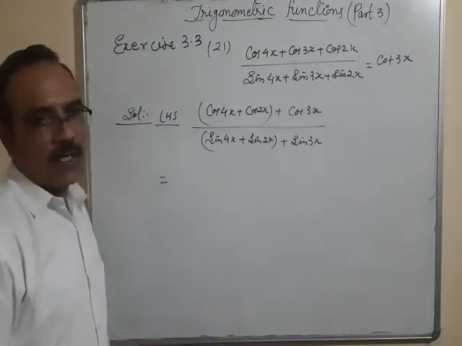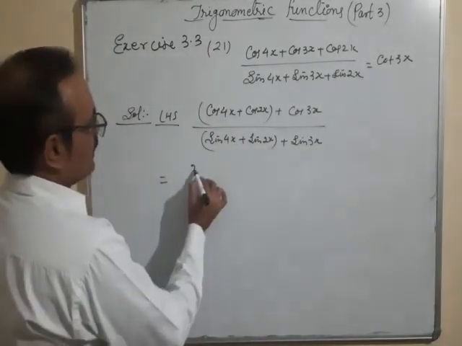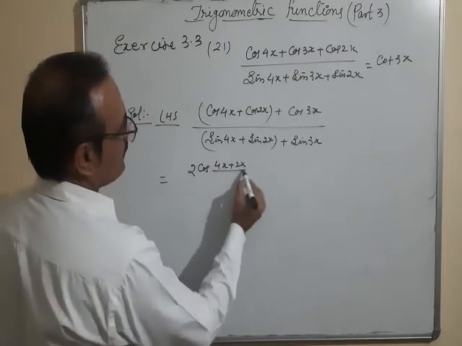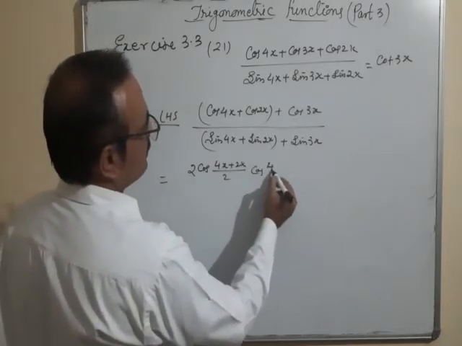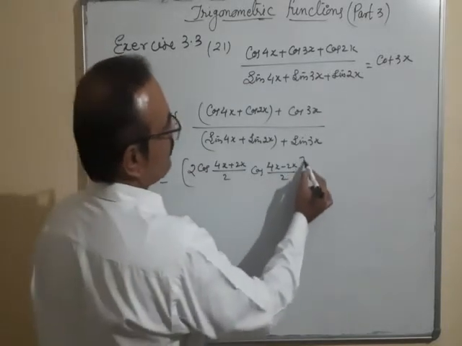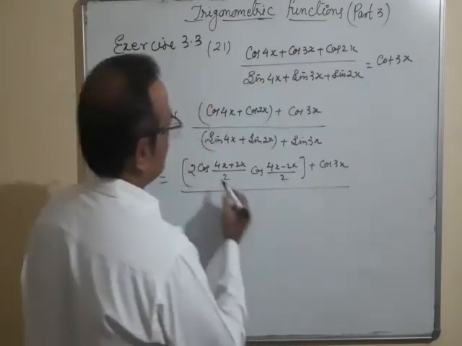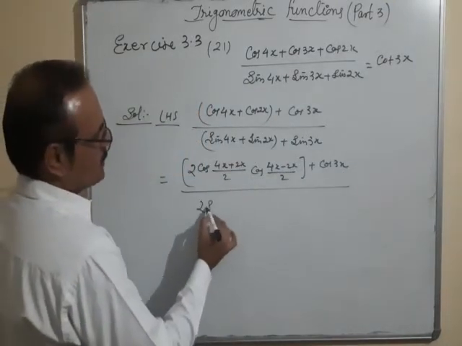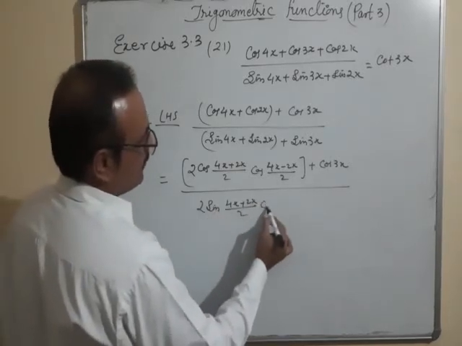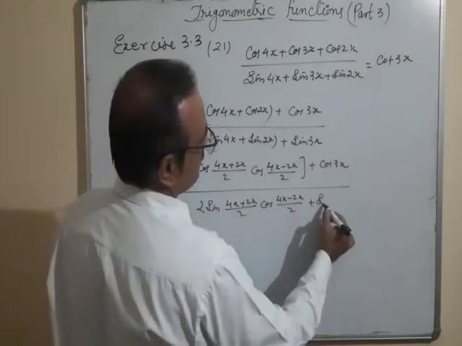Using the formula cos C plus cos D equals 2 cos((C+D)/2) cos((C-D)/2), we get 2 cos((4x+2x)/2) cos((4x-2x)/2) plus cos 3x. In the denominator, sin C plus sin D equals 2 sin((C+D)/2) cos((C-D)/2), plus sin 3x.